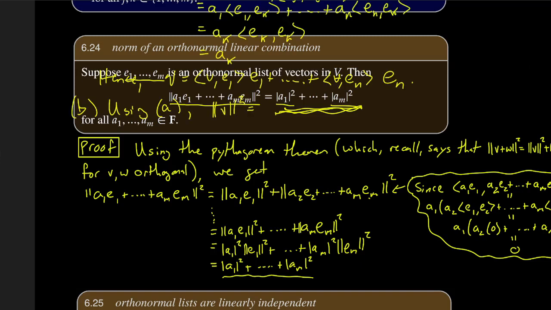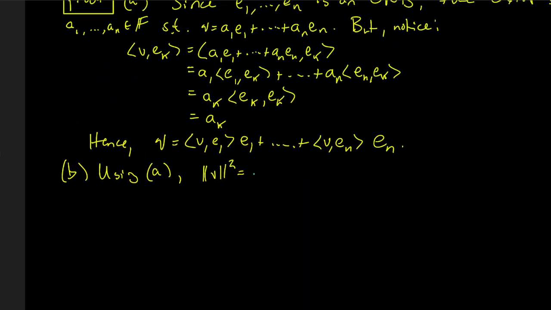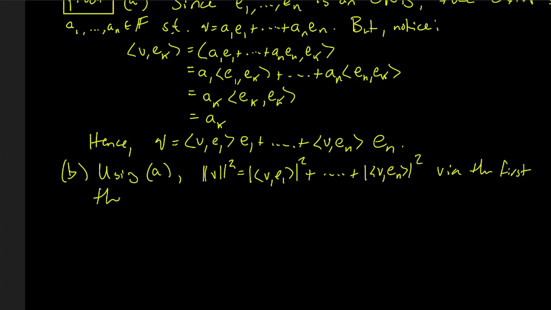Bringing it back over here, we just get the modulus of VE1 all the way down through VEN, inner product in modulus squared, via the first theorem of this section. That's not bad at all.